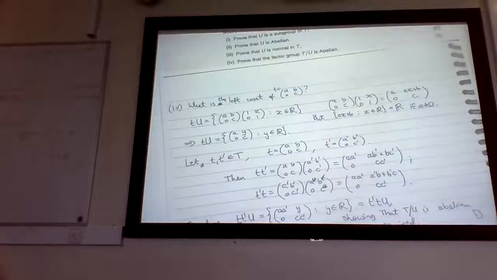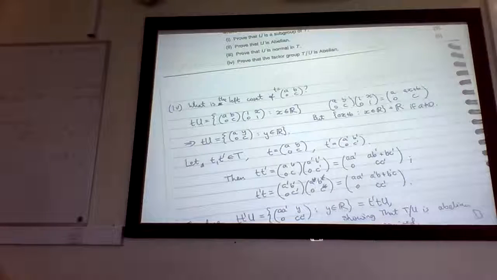This is supposed to be equal to, question mark, if it's abelian, then this equality is going to be true, the product the other way around, T2 U, T1 U. By definition, that's equal to the coset corresponding to the product element, but with the product done in the opposite order. So the question is whether these two are equal. So the factor group will be abelian when this is yes.